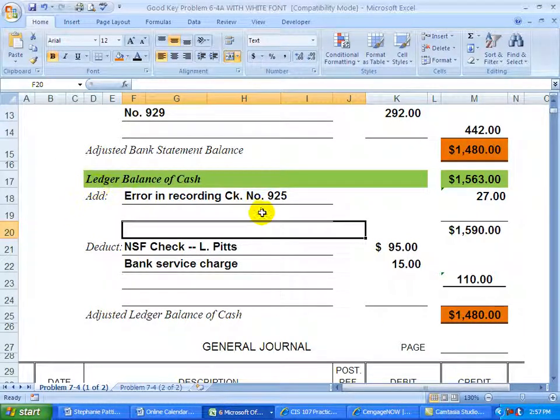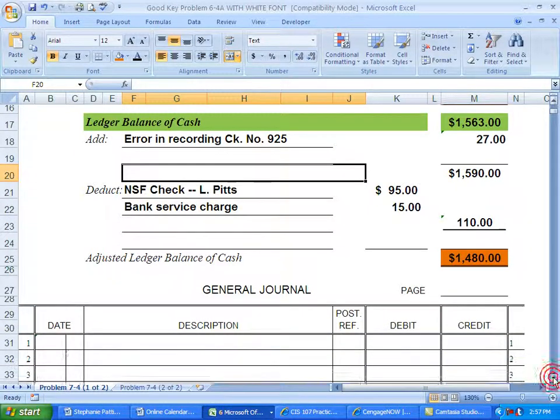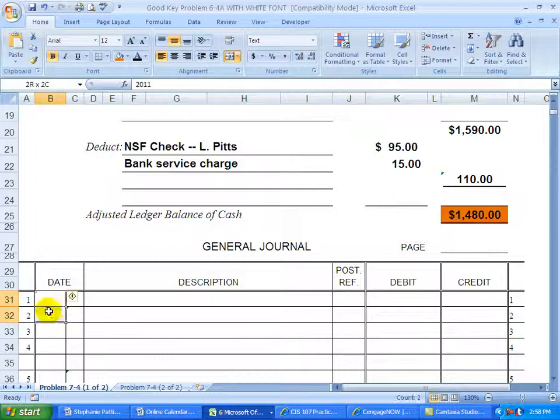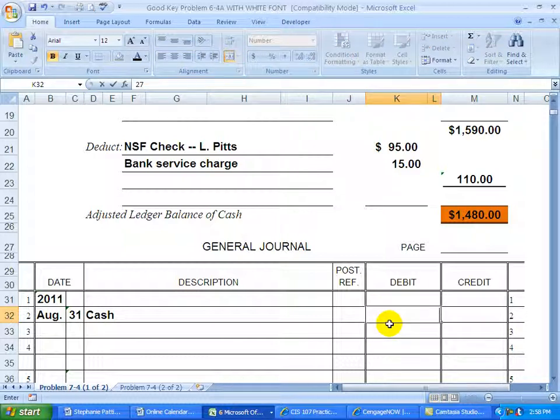Anything that we've done to the cash account will need to be journalized. So we're going to add $27 back to cash. Let's go ahead and put in the year, the month, and the day. When it's in the addition column, that means we're going to be debiting cash because we're making cash bigger, and that's for $27.